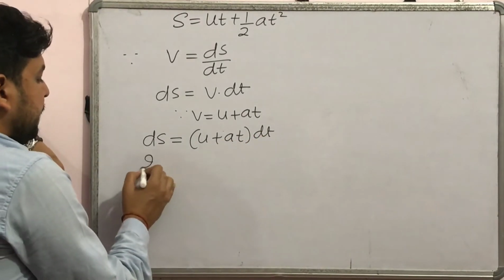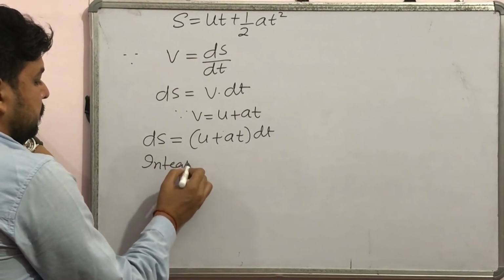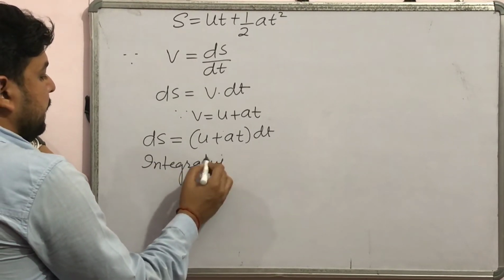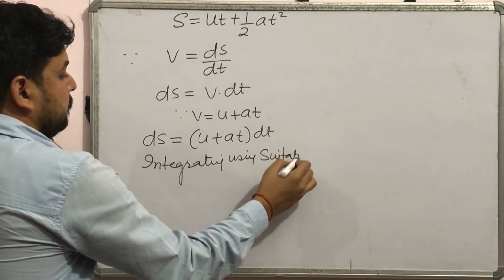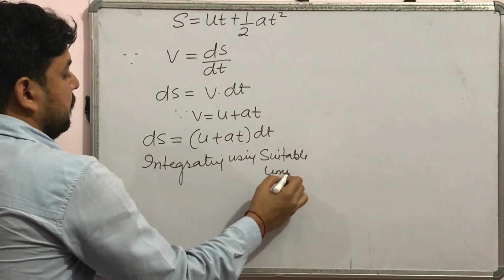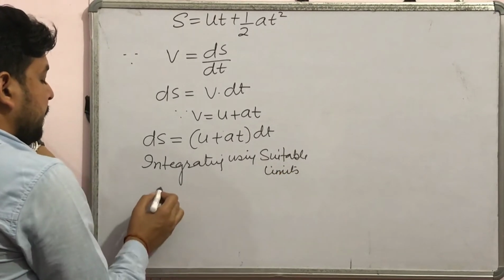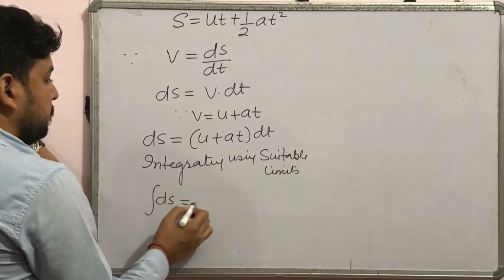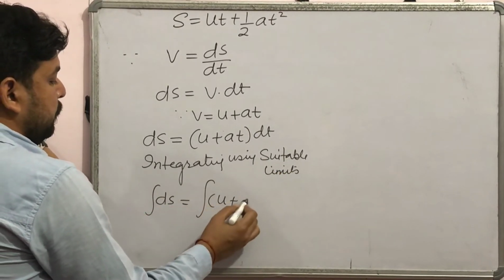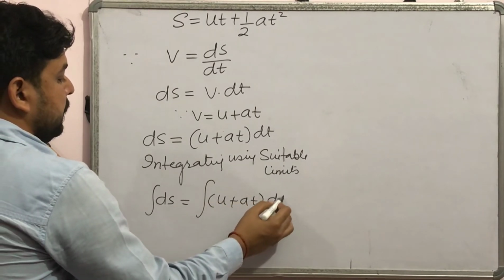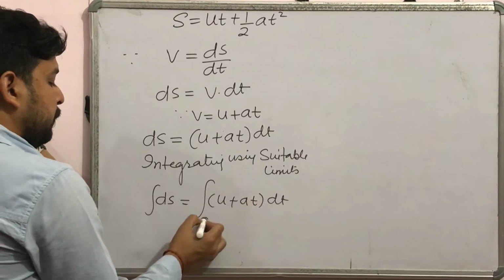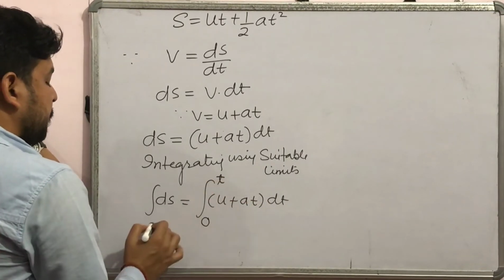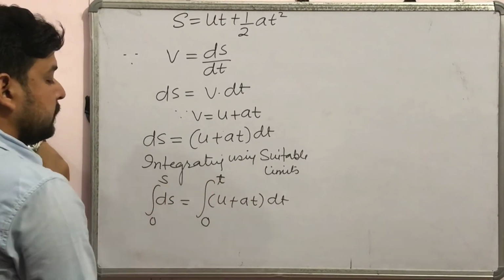Now you have to integrate it. Integrating using suitable limits. देखिए क्या इंटीग्रेट करेंगे, u plus at, this one is dt, limits of time 0 to t, limits of displacement 0 to s.